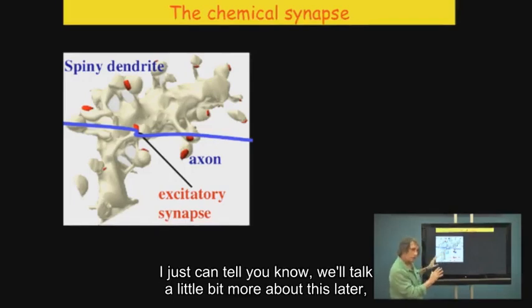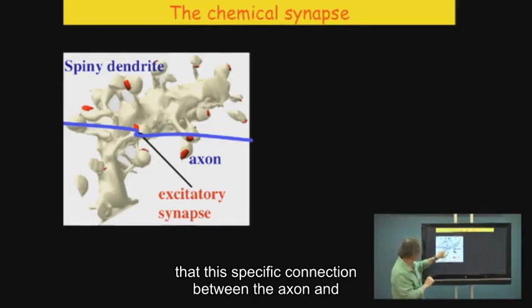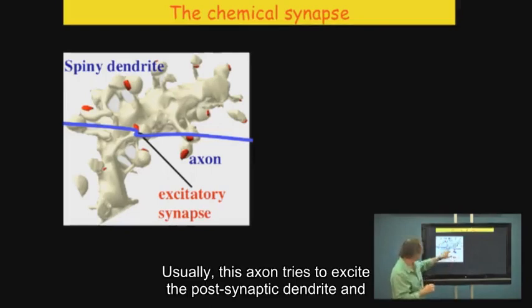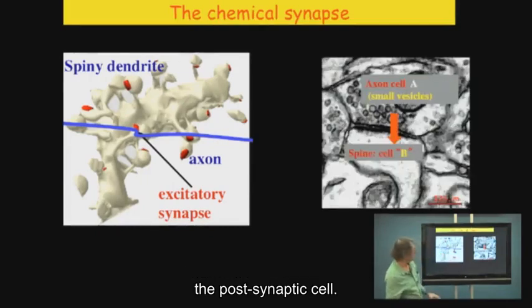I can tell you now, we'll talk a little bit more about this later, that this specific connection between the axon and the spine is typically of the excitatory type.